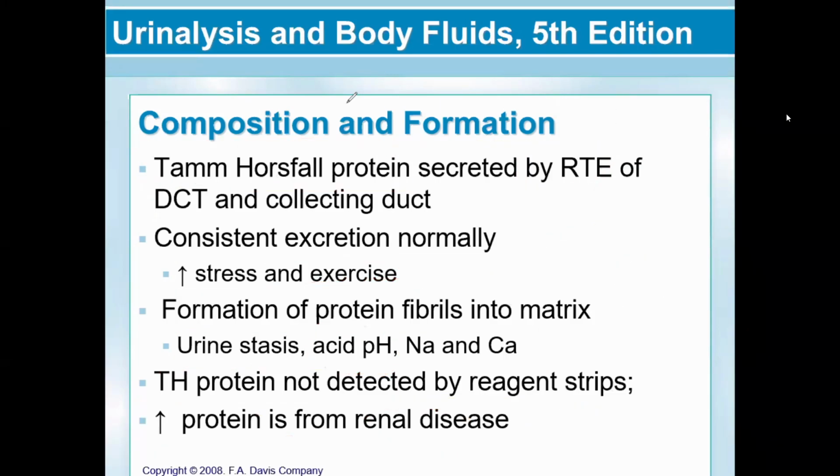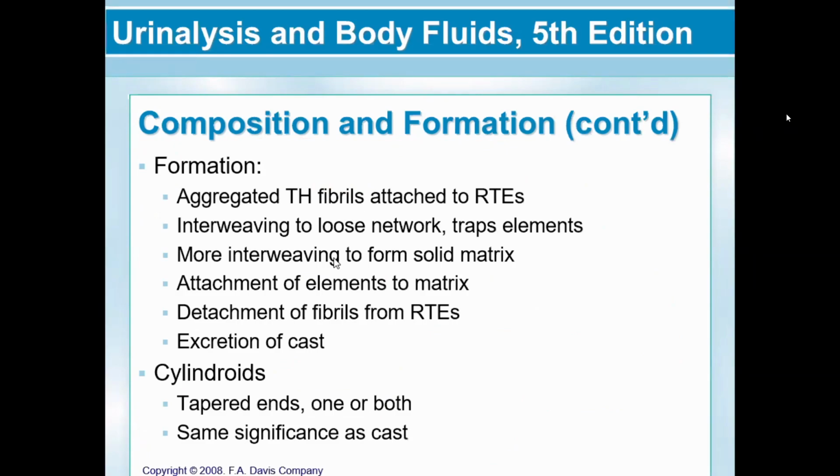Okay? So next, so we have here the formation of our casts. So number one, we have aggregation of the Tamm-Horsfall fibrils to our RTEs. So nag-a-attach sila dun sa kidney tubules natin, okay? Then after that, they interweave to loose networks and they trap elements. So halimbawa, yung pasyente merong glomerular bleeding. 'Di ba? Pag may glomerular bleeding, may red cell, 'di ba?